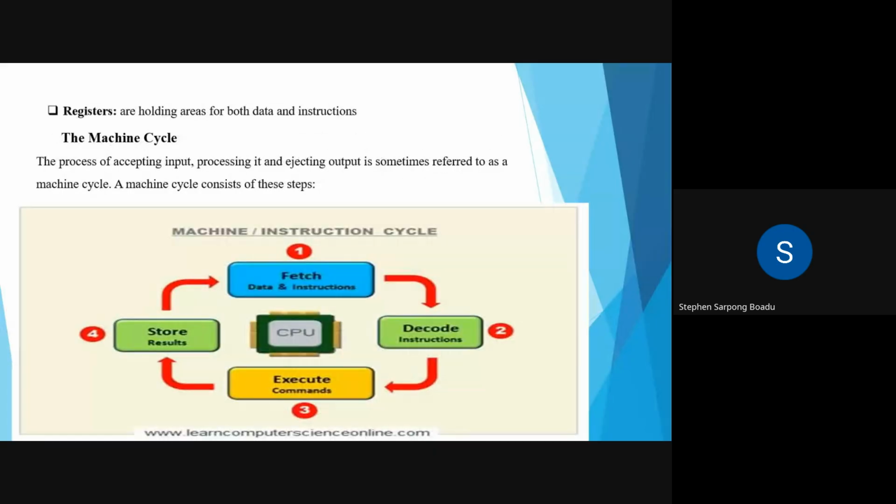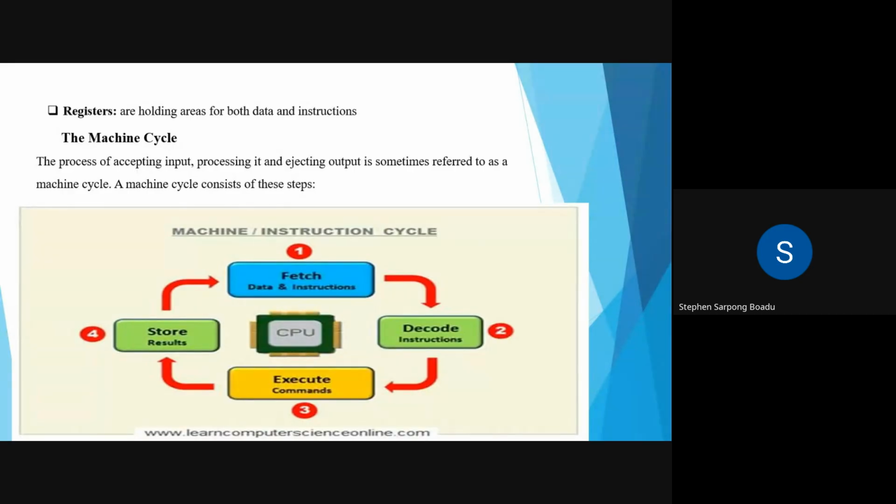Then our next one is registers. Registers are temporary memory holding areas for data and instructions. So we say that they store data.